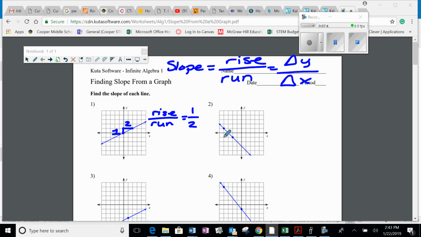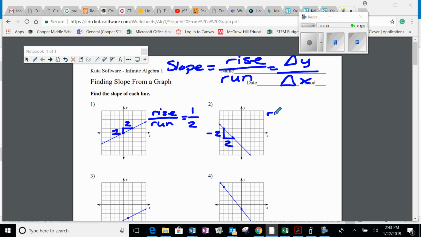Okay? So if I look at number 2, I'm going to draw my right triangle, and then I'm going to count my boxes. I had to go down first, so that would be a negative 2, and then I went positive 2.